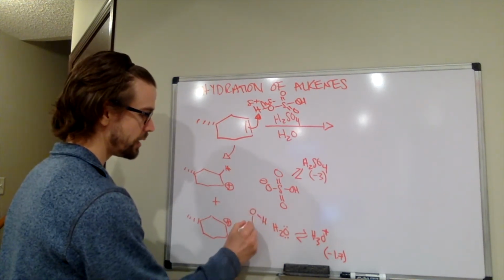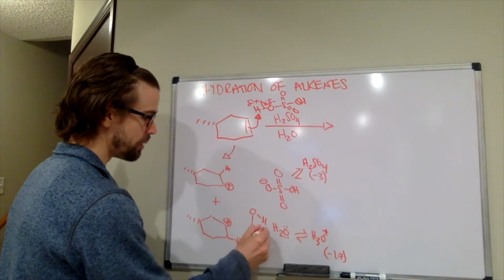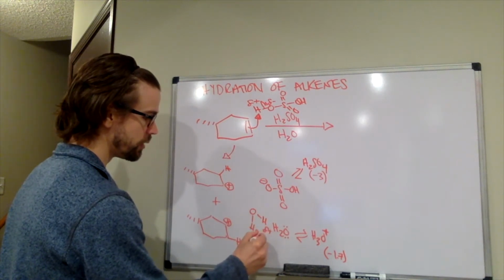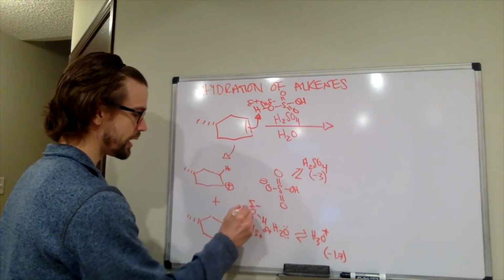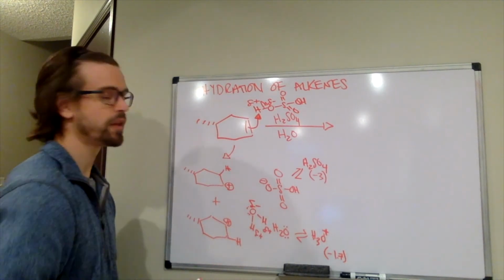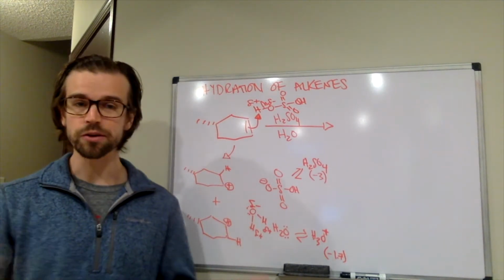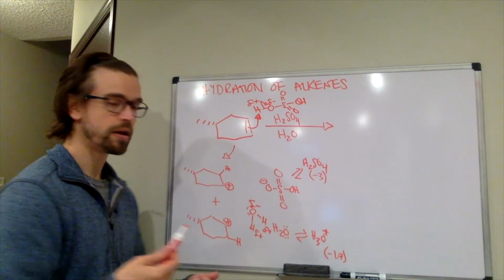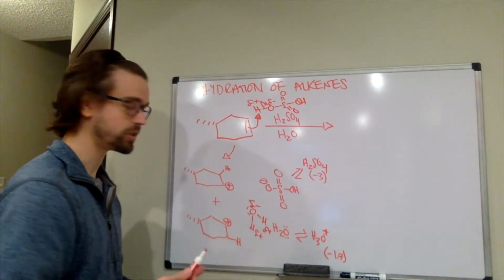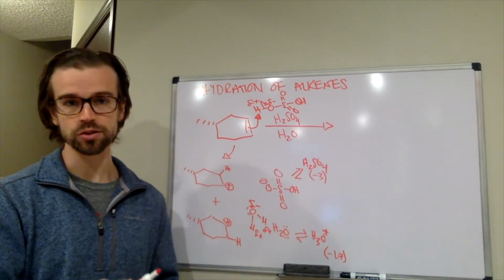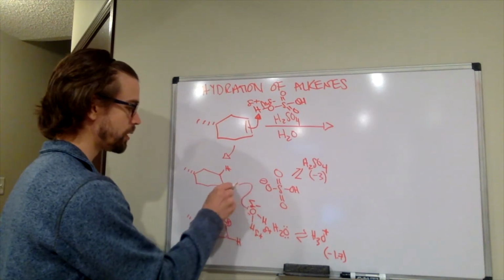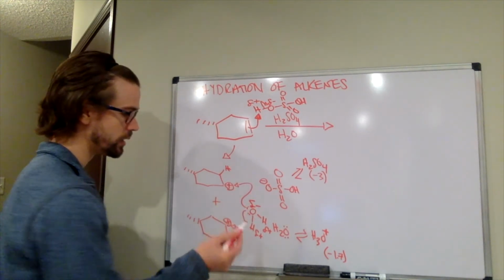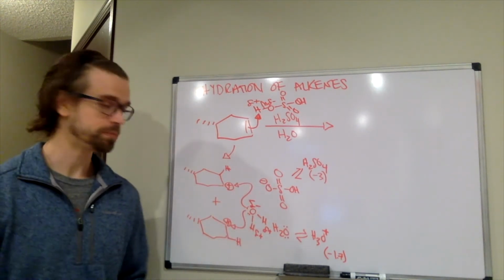H2O, if you think about it, has partial positives on each of those hydrogen atoms and a partial negative on the oxygen. It is a weak nucleophile, but if we have a full positive charge on something, just like we learned about in the substitution chapter, this partial negative is going to be attracted to it just the same.